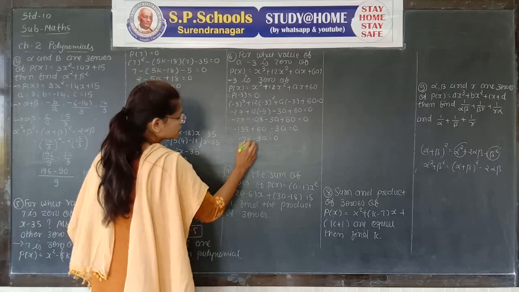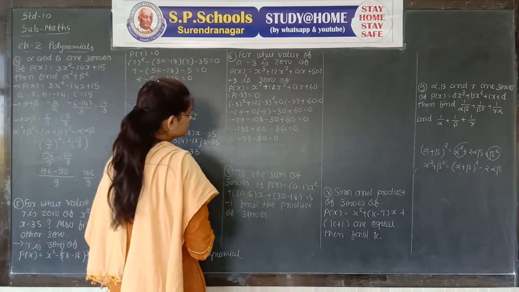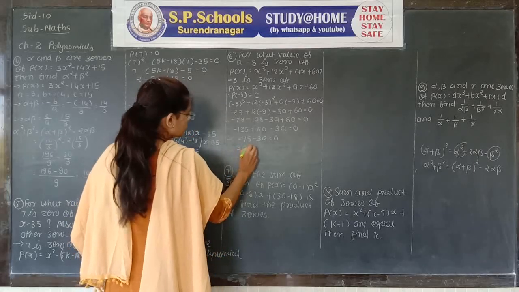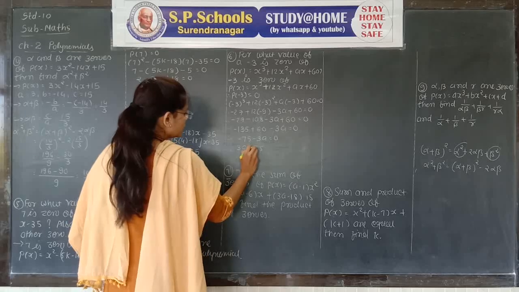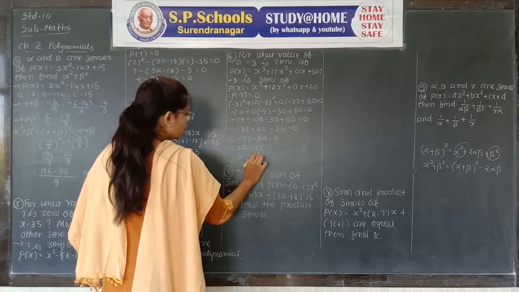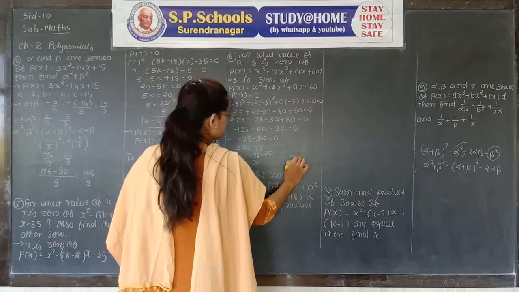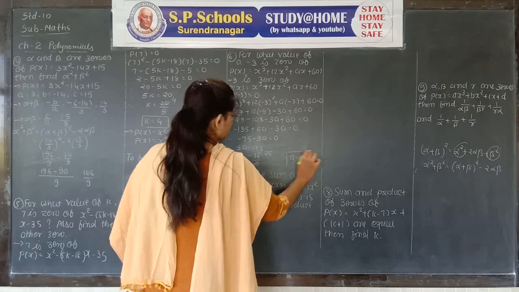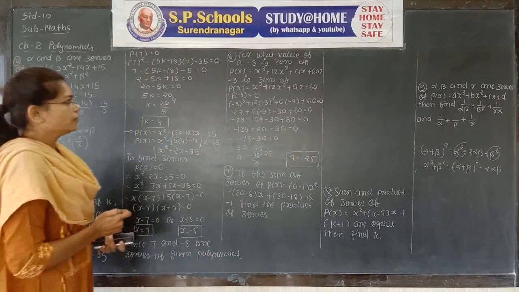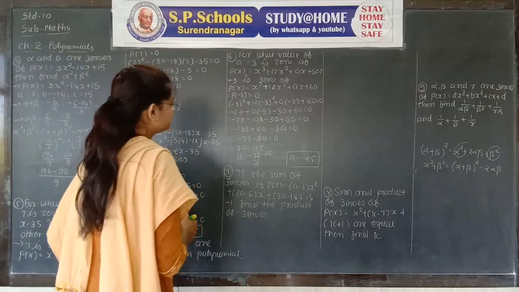That's why a is equal to 75, but it is minus 75. Therefore, a is equal to minus 75 upon 3, and our answer of a is minus 25. The value of a is minus 25 whenever minus 3 is a zero of the given polynomial.